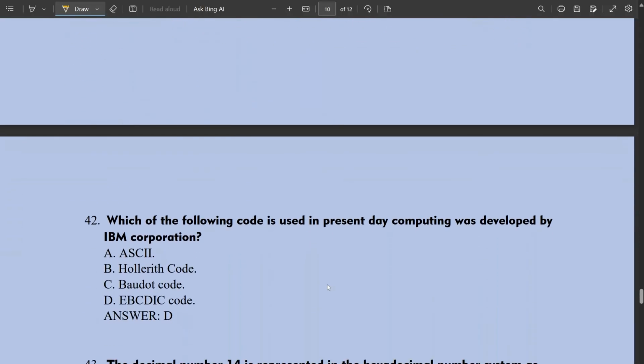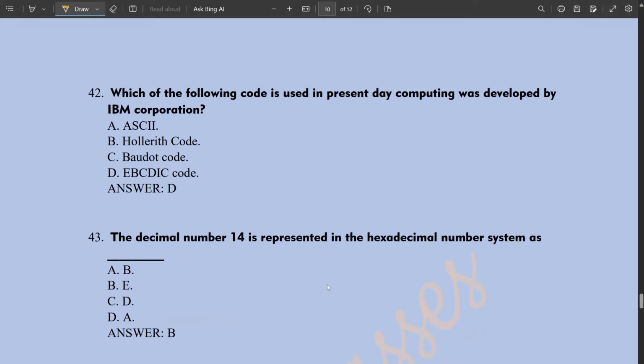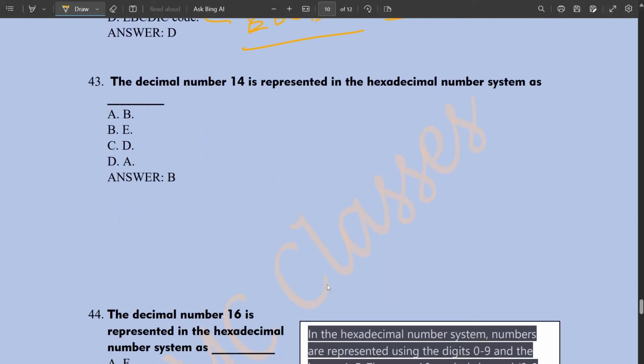Next, which of the following codes used in present day computing was developed by IBM Corporation? Your answer will be EBCDIC code.